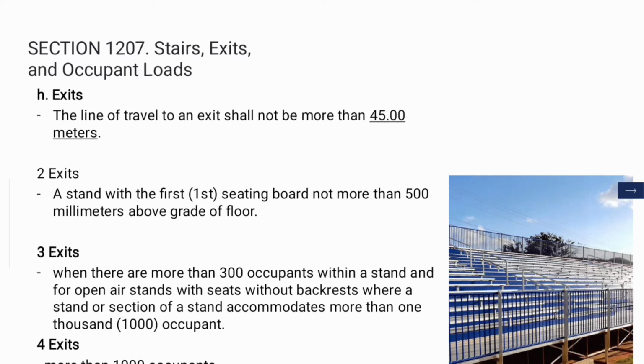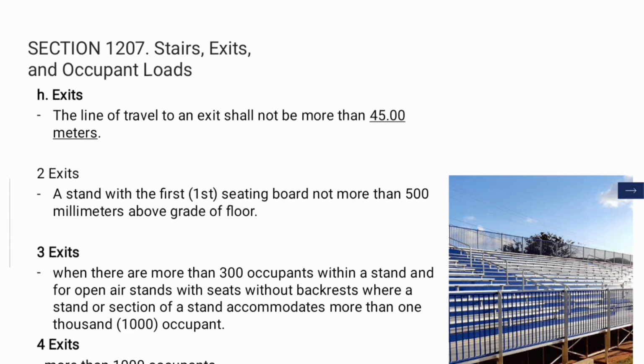And then those stands with the first seating board not more than 500 millimeters above grade or floor may be considered to have 2 exits when the bottom of the stand is open at both ends.